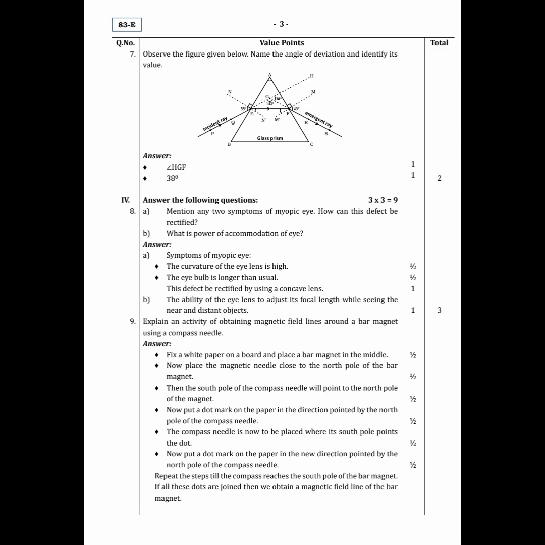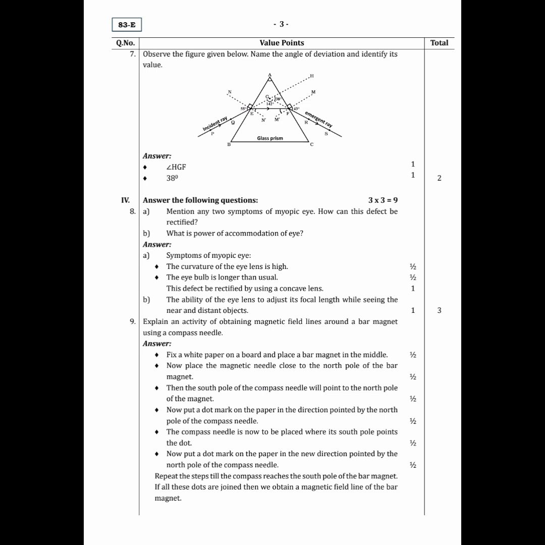Moving forward, ninth question. Explain an activity of obtaining magnetic field lines around a bar magnet using a compass needle. Answer: fix a white paper on a board and place a bar magnet in the middle. Now, place the magnetic needle close to the north pole of the bar magnet. Then, the south pole of the compass needle will point to the north pole of the magnet.